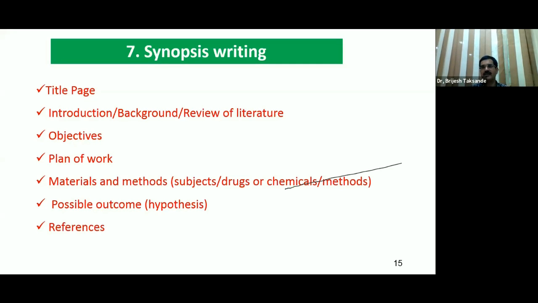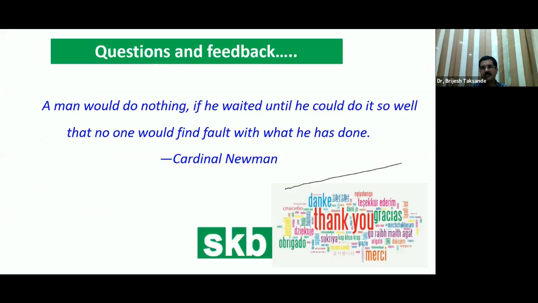So make sure that it is in the future tense, right? Because you are going to carry it out, right? So this was all about the research program related issues which we are going to deal with in your PG program.